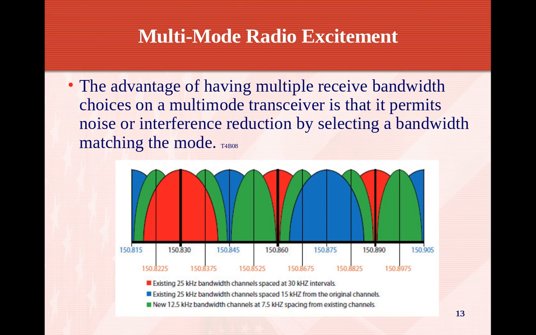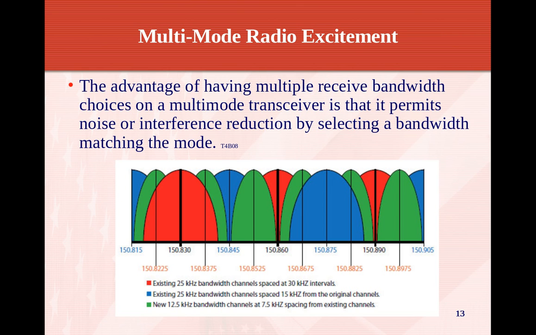Alright, so FM. Okay, so these are the new FM frequency bandwidths. What they're doing in FM commercially is they have a 25 kilohertz bandwidth for FM. They're shrinking that down to 12.5 kilohertz and at a 7.5 spacing from existing channels.